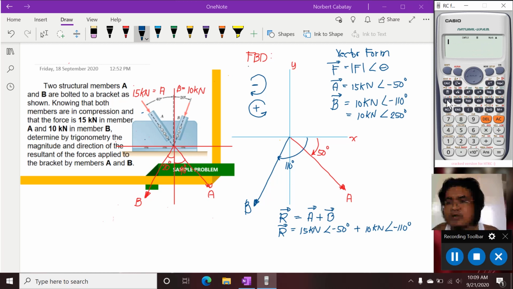So, 15 angle negative 50 plus 10 angle negative 110.